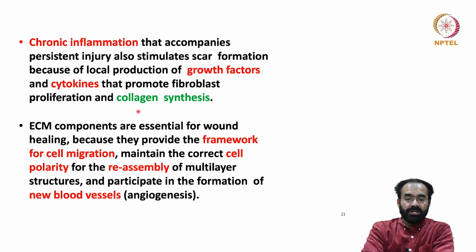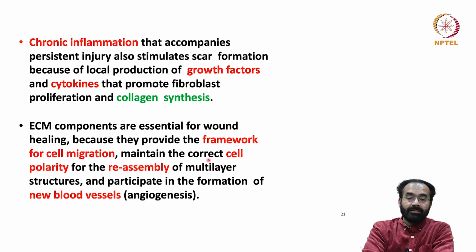The ECM components are essential for wound healing because they provide the framework for cell migration. Without extracellular matrix, the newly formed cells cannot move from one place to another. It is like a railway track. Without a railway track, a train cannot go anywhere. So how important is a railway track for a train? That important is the extracellular matrix or ECM network for the cell to migrate.